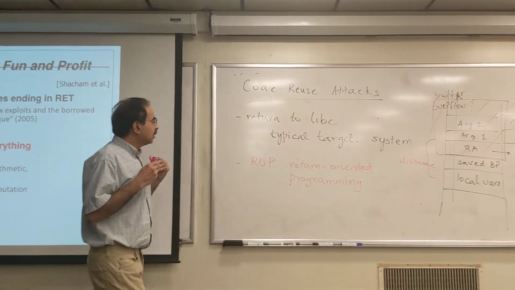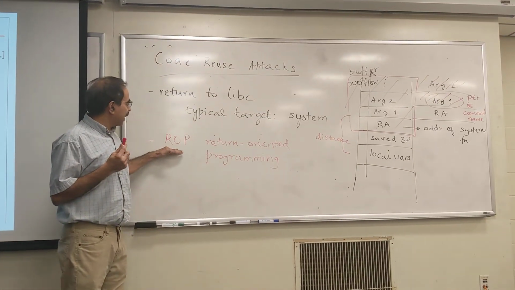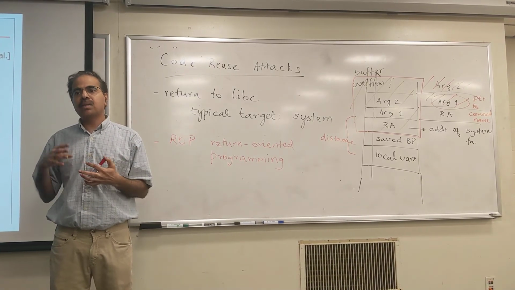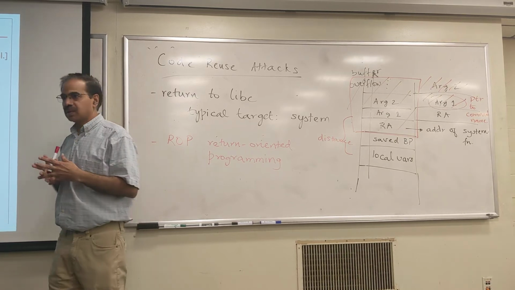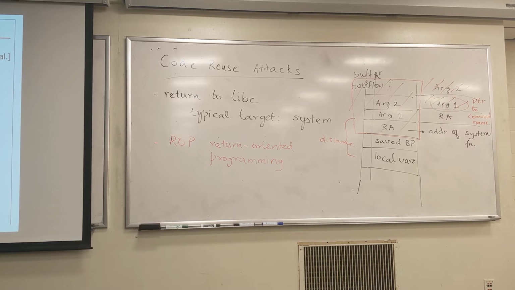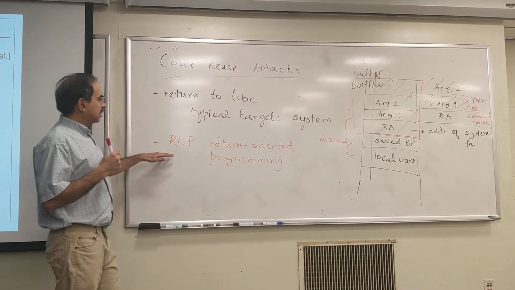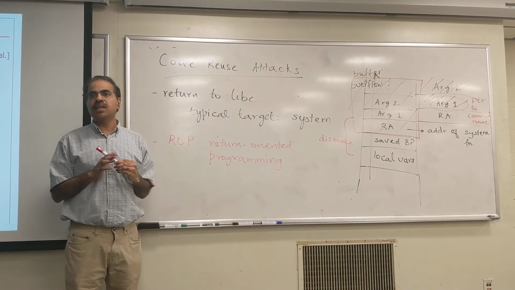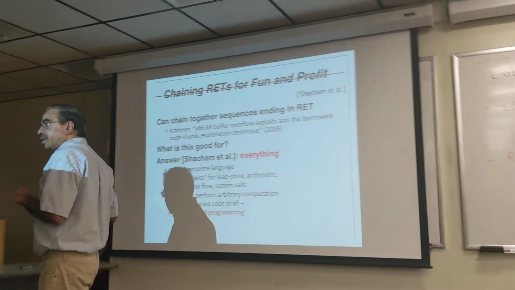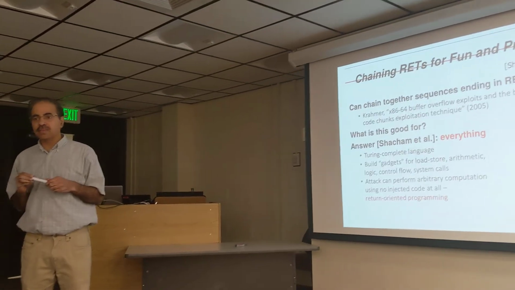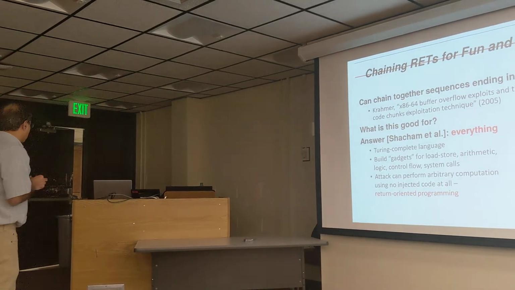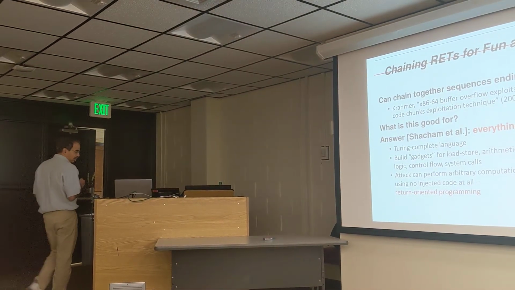Essentially, this gives the attacker the same capability they can have with injected code, because injected code means it's the attacker's code, so the attacker can do anything they want. They can achieve the same goal with ROP, except that they don't have to inject anything at all. And so they don't have to defeat the DEP mechanism. They can work with existing operating systems and still execute arbitrary code.